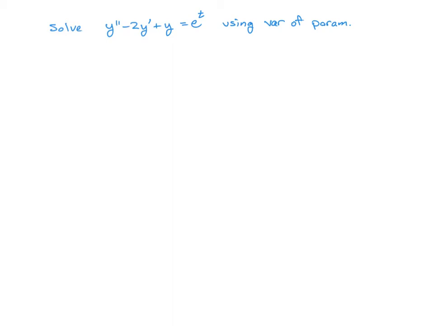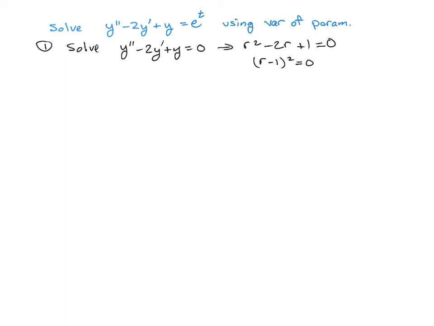So let's go through and first solve the homogeneous equation. So we're going to solve y double prime minus 2y prime plus y is equal to 0. And that has auxiliary equation r squared minus 2r plus 1 equals 0. We can recognize that as a perfect square trinomial as r minus 1 squared equals 0.